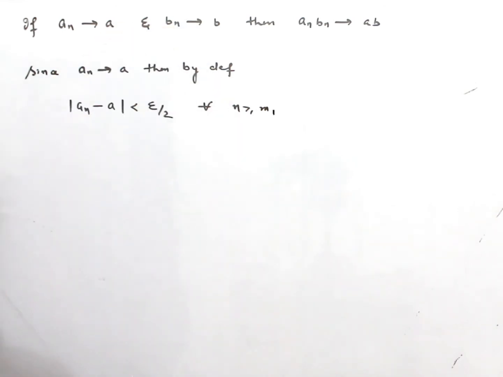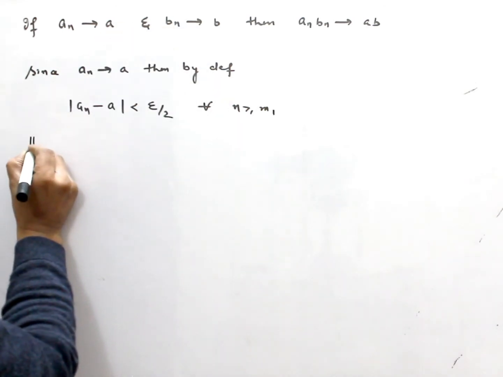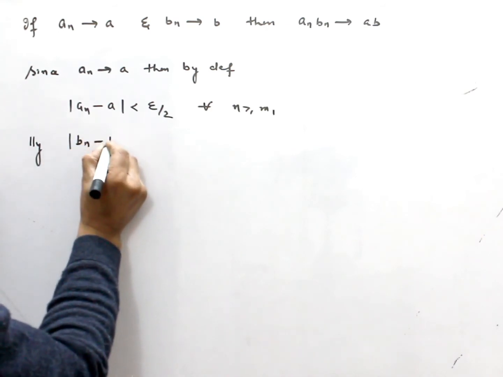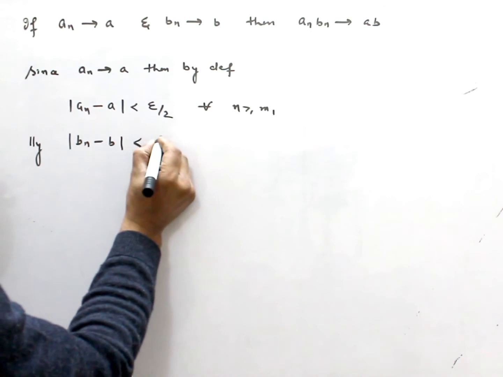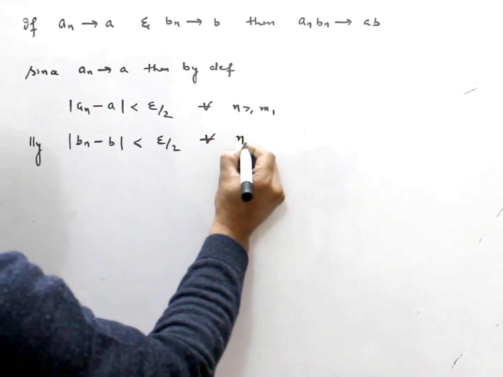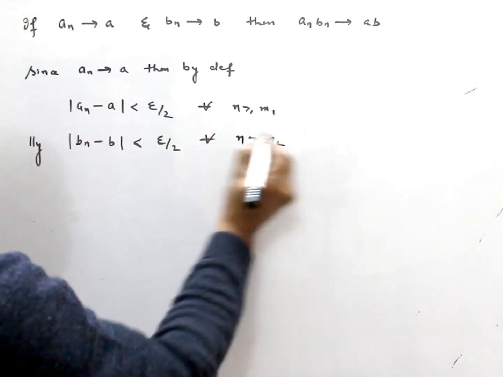Similarly, |b_n - B| is less than epsilon by 2 for all n greater than m2.